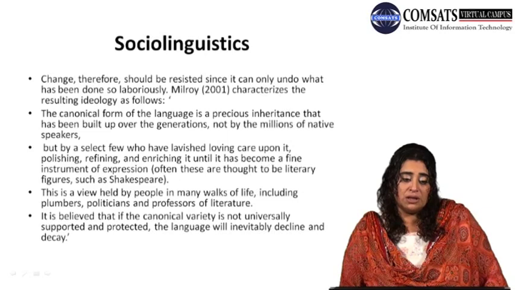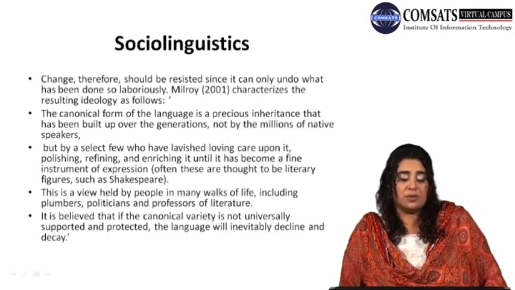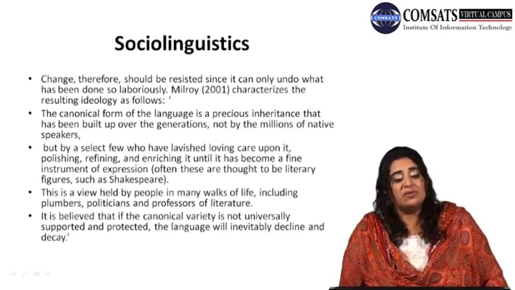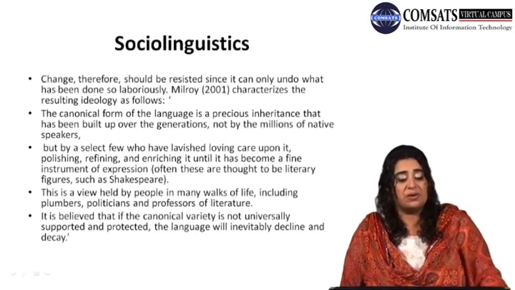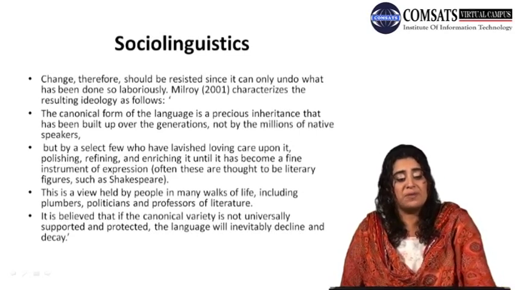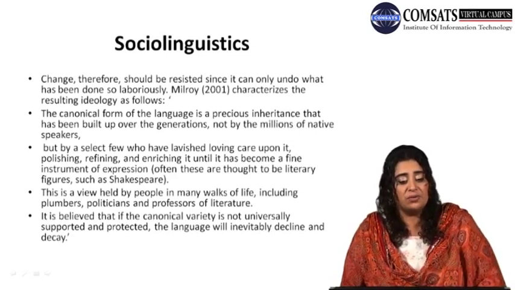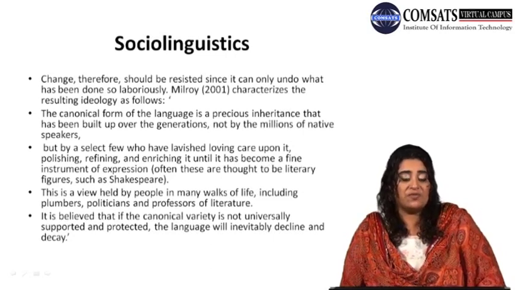His first ideology was the canonical form. The canonical form of a language is a precious inheritance that has been built up over the generations, not by the millions of native speakers, but by a select few who have lavished loving care upon it, polishing, refining, and enriching it until it has become a fine instrument of expression.